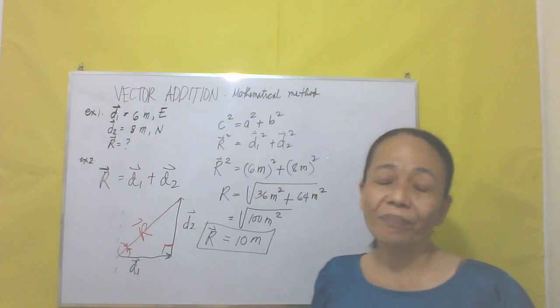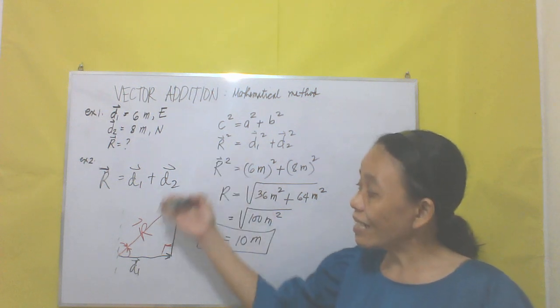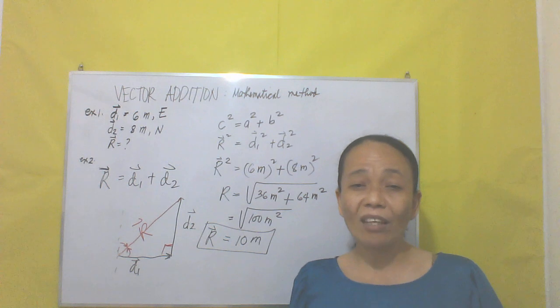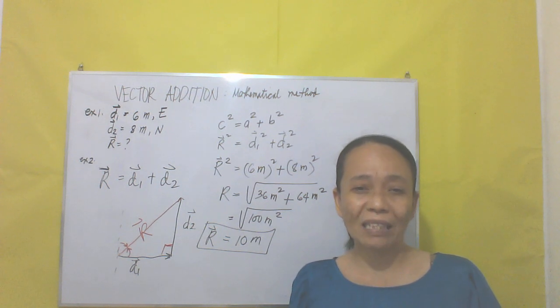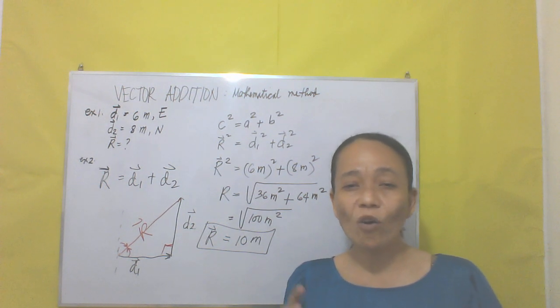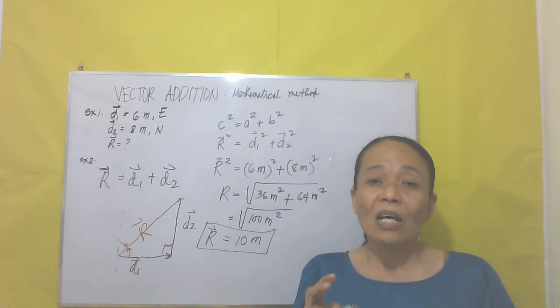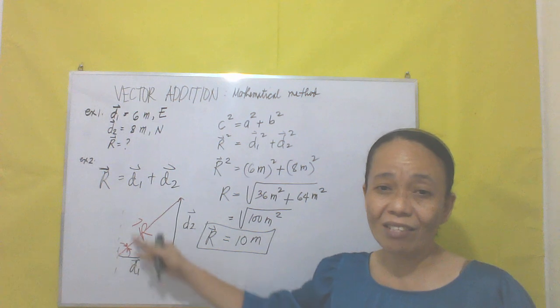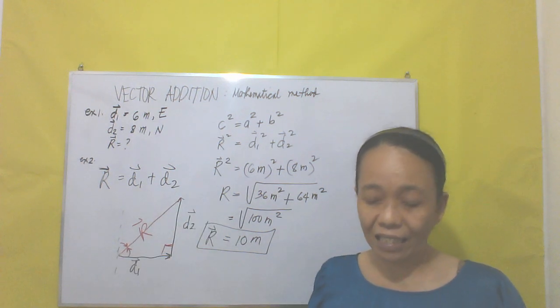Since this satisfies the Pythagorean theorem, we can use the three common trigonometric functions, which are defined through the sides of this right triangle.